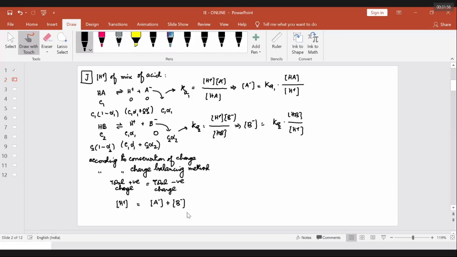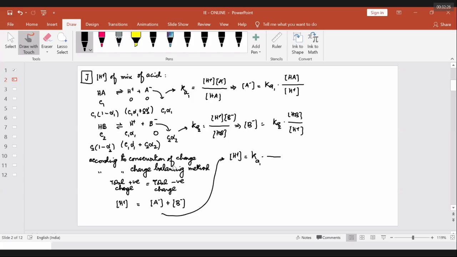Now, if you want to solve that, let us take some space here, and then concentration of H plus ion is equal to, come on, concentration of A minus, where is that? Ka1 into concentration of unionized molecules. What is that unionized molecule? Sir, this is HA, C1 minus C1 alpha 1.